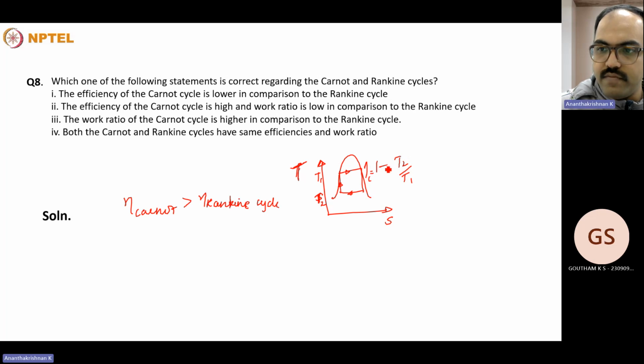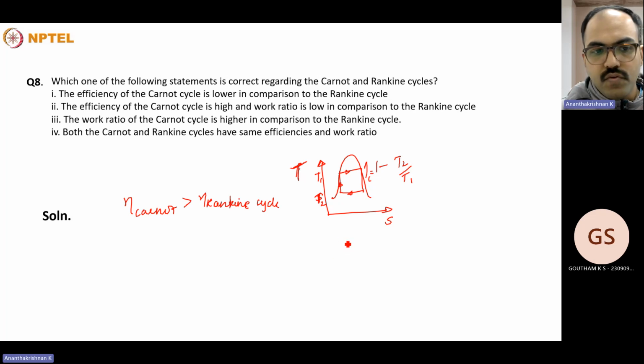So the higher temperature will be T1 and the lower temperature will be T2. So this shows that the efficiency of the Carnot cycle is this one. Just remove this vapor dome and we'll be getting the same temperatures.